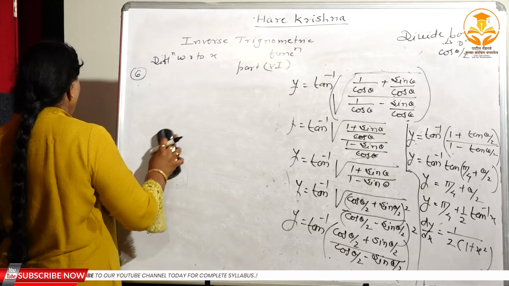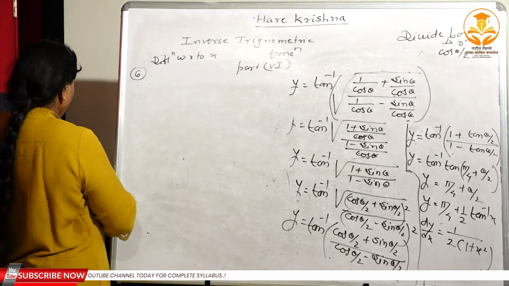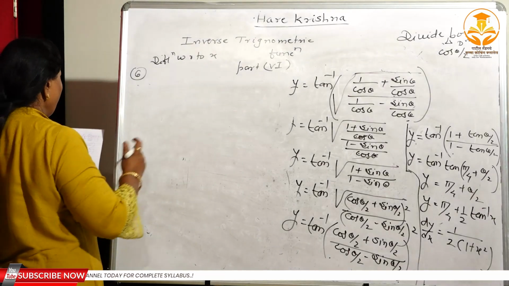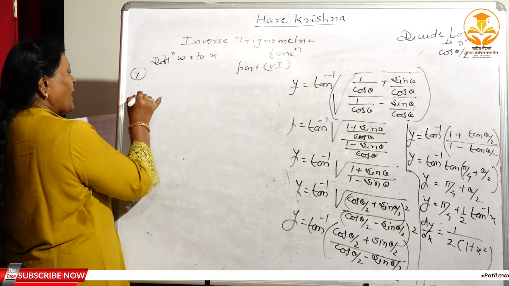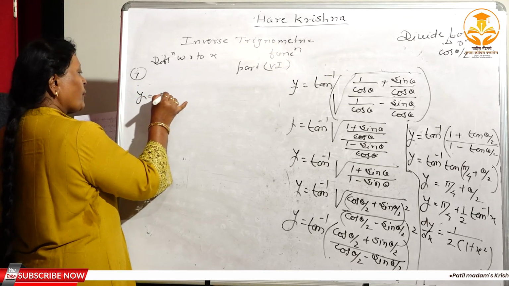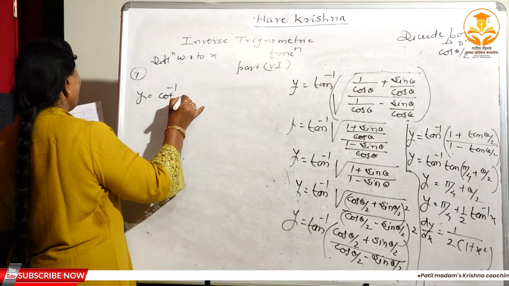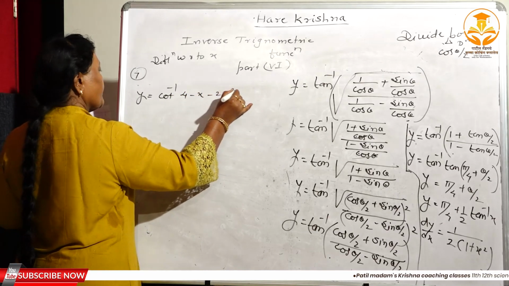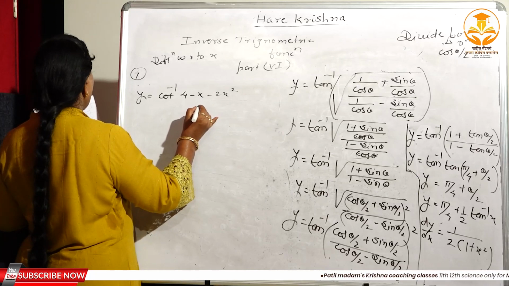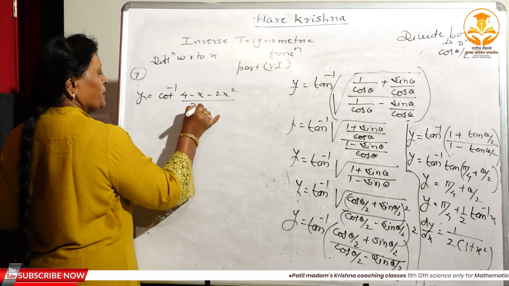So now the seventh one, seventh unusual, very very important. Seventh, that is y is equal to cot inverse of 4 minus x minus 2x square divided by 3x plus 2.